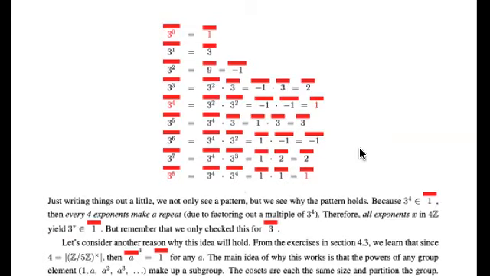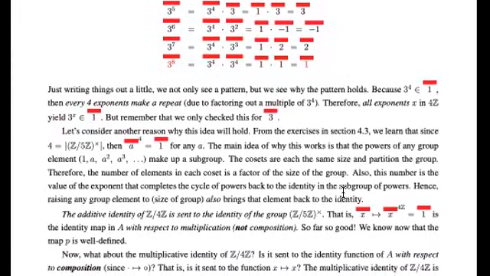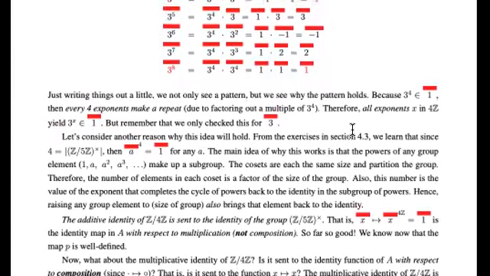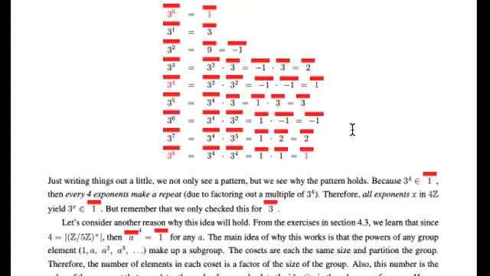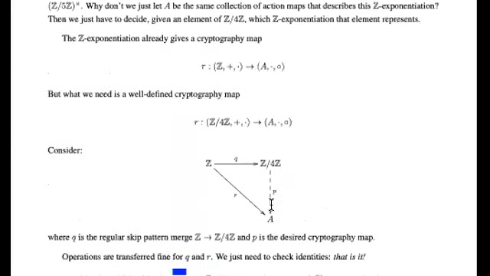Okay, so essentially it does work. We end up getting something that's well defined, that sends the additive identity right here to the identity down here in the actions, the function that sends everything to 1, the multiplicative identity.